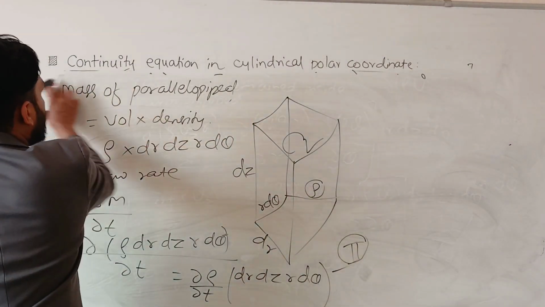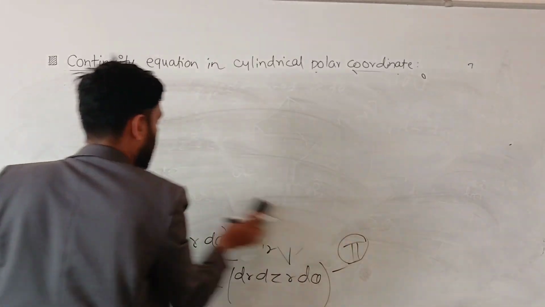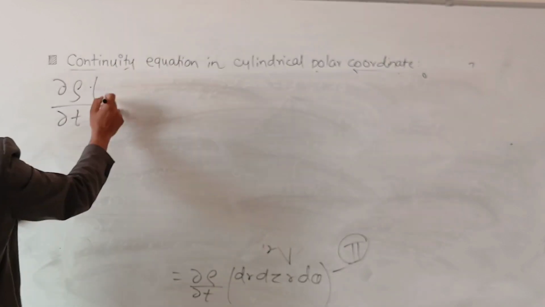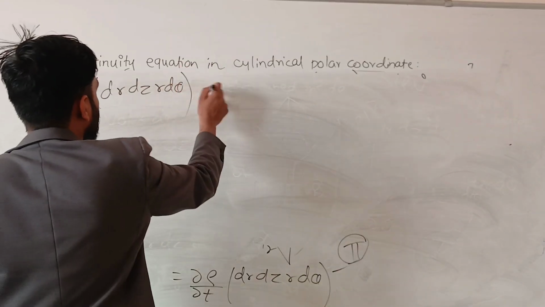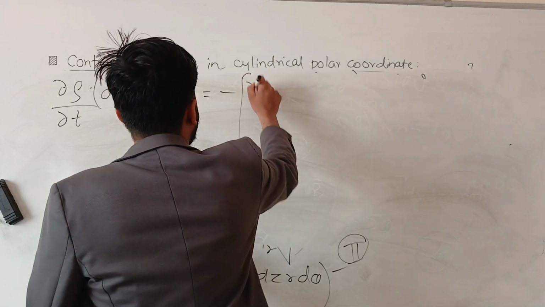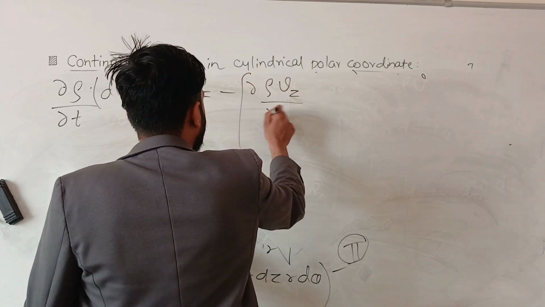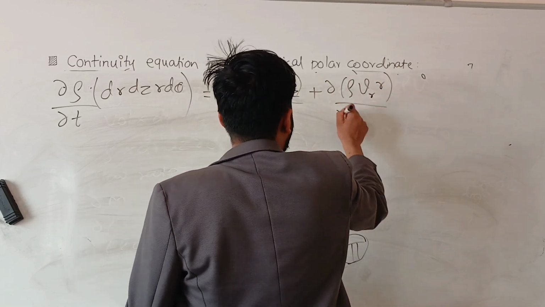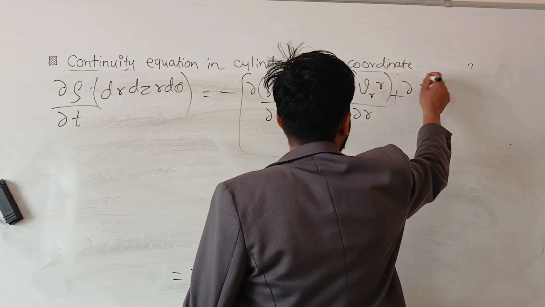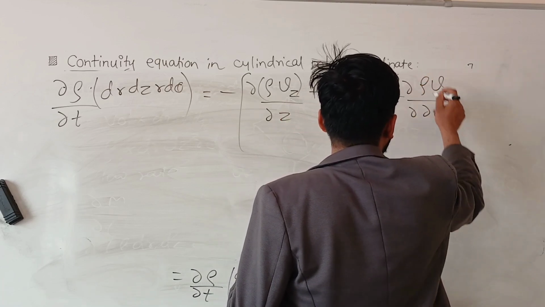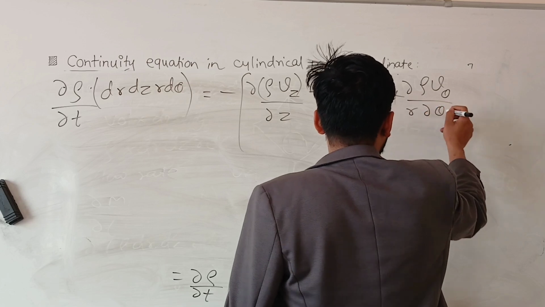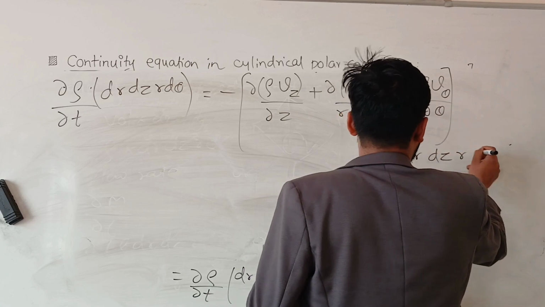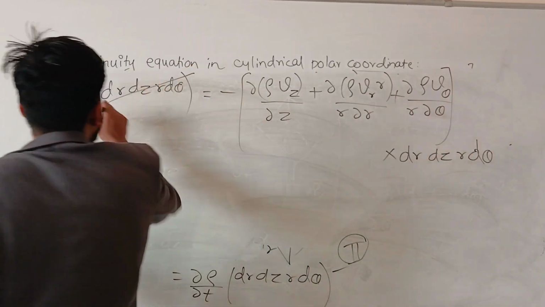Equating equation 1 and equation 2, you get del rho by del t, dr dz r d theta, is equal to minus del rho Vz by del z plus del rho Vr into r divided by r del r plus del rho V theta by r del theta, into the common dr dz r d theta.